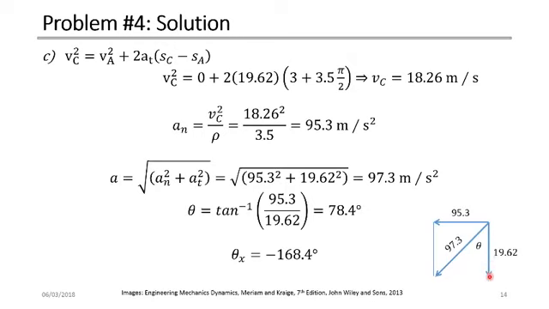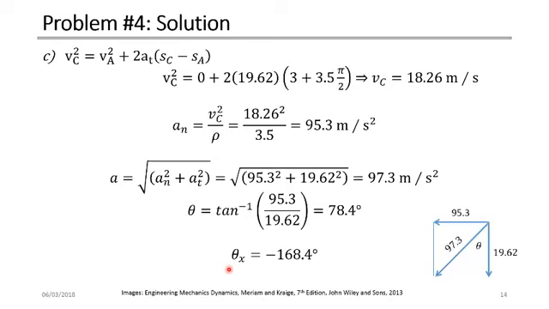And the normal component is going towards the center of curvature, so it will be going in this direction. So the total acceleration is going to be in this direction. The angle is between the total acceleration and the tangential component, because we take the tan of this component, 95.3, divided by this component. But if we wanted to measure the angle with respect to the x-axis, which is in this direction, we need to add this angle, which is 90.